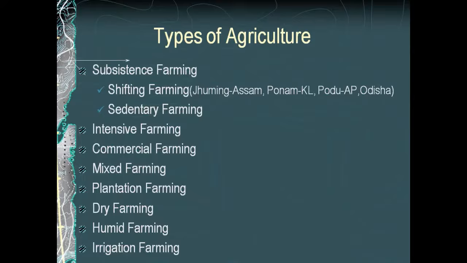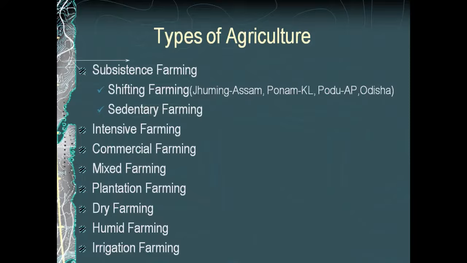Here, they grow 2 or more crops in the same land to get maximum production in a small area. It is common in fertile and irrigated areas, not in other areas. It is not possible elsewhere. So that is intensive farming.